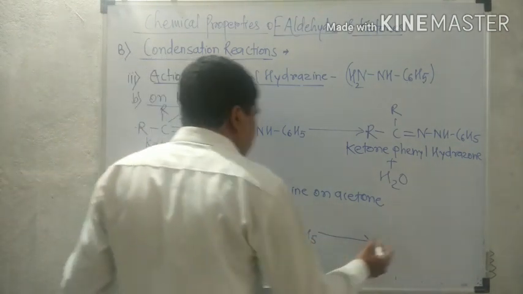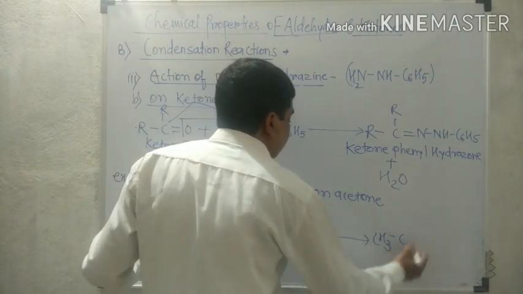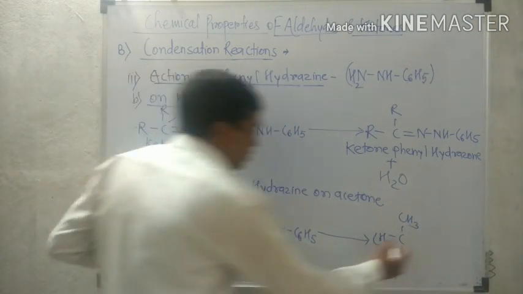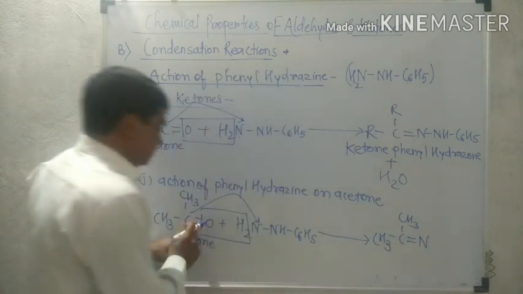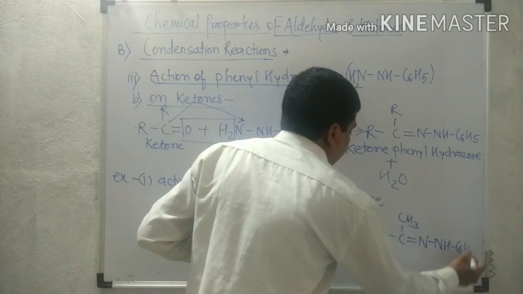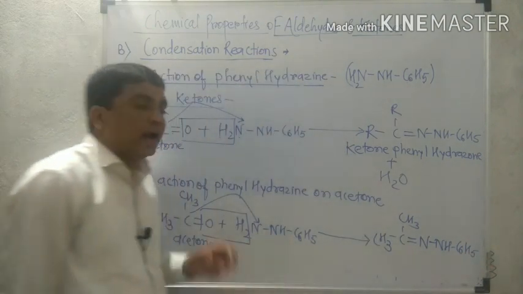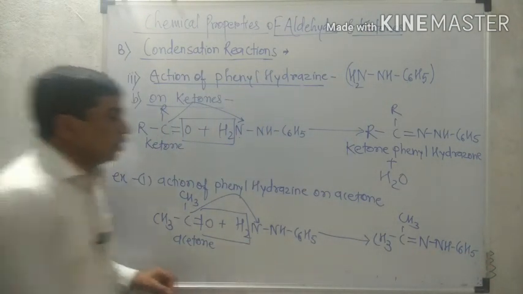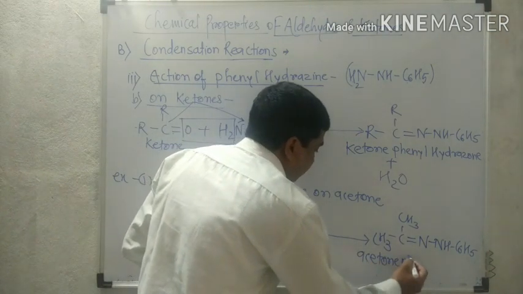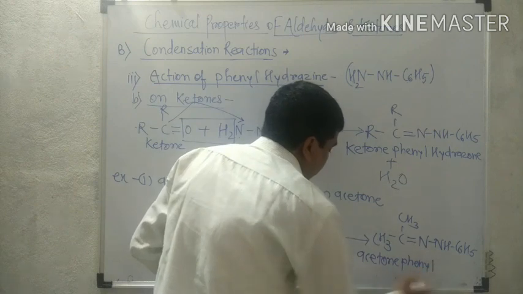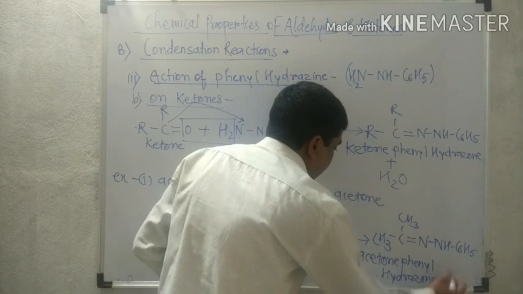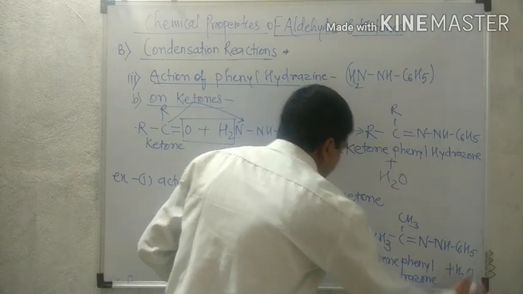The remaining structure is the same. So (CH3)2C=N-NH-C6H5. This phenylhydrazone formed by acetone is called acetone phenylhydrazone, with byproduct water.